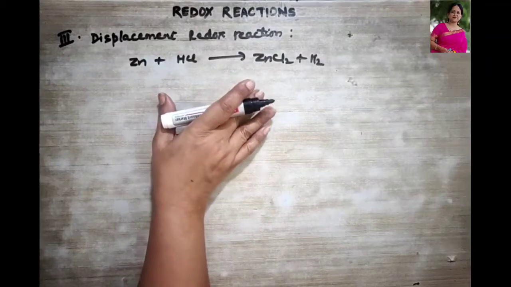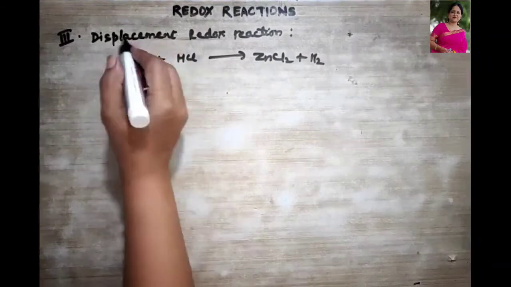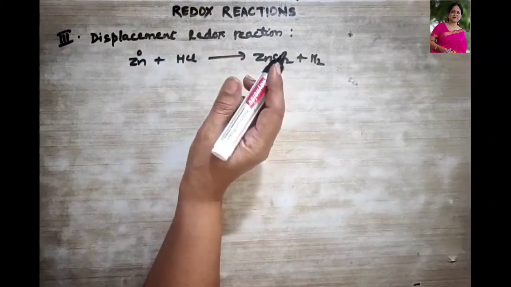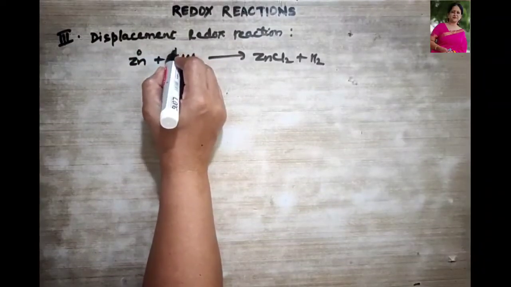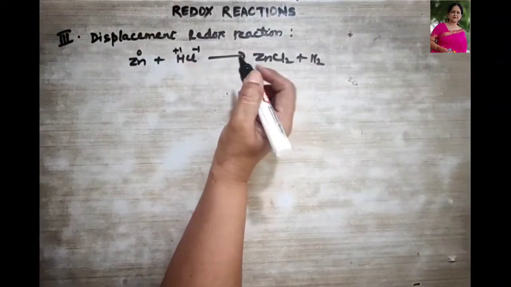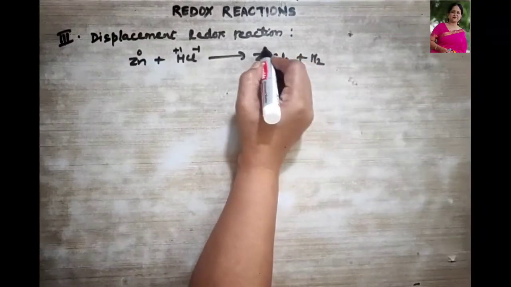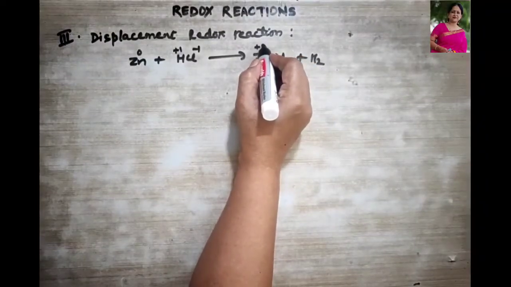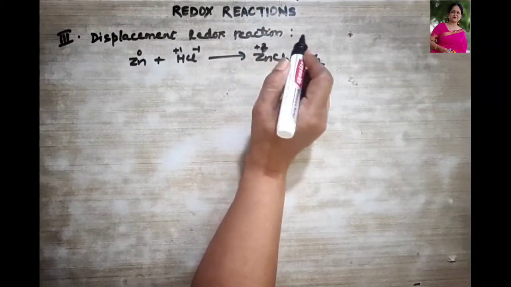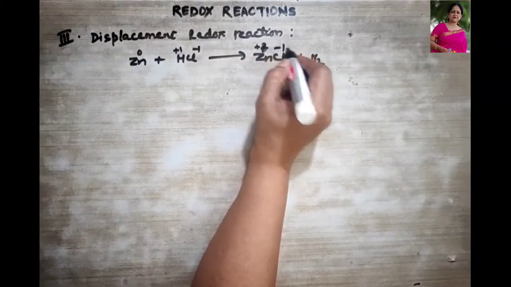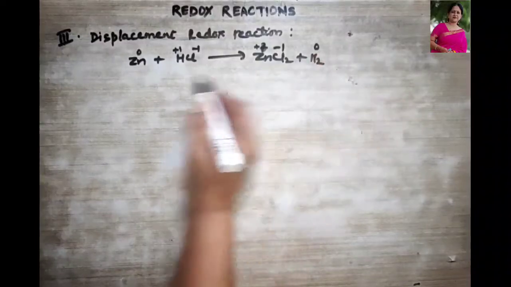Let us see whether it is a redox reaction or not. So let's find out the oxidation numbers. Zinc is 0, then for HCl it is plus 1, minus 1. Now over here zinc is plus 2, chlorine is minus 1, and hydrogen will be 0.